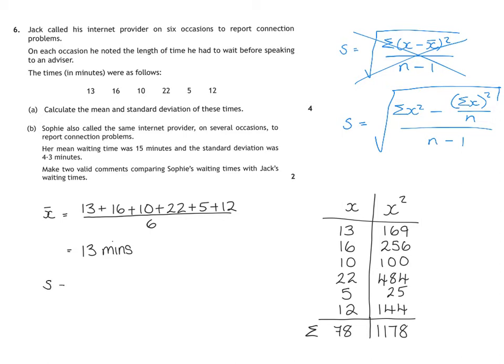Right, so we get s equals the square root of the sum of x squared, so we get 1178, minus the sum of x, which is 78 squared, over 6, because that's how many numbers we have, all divided by 5, because it's n minus 1, so 6 take away 1.